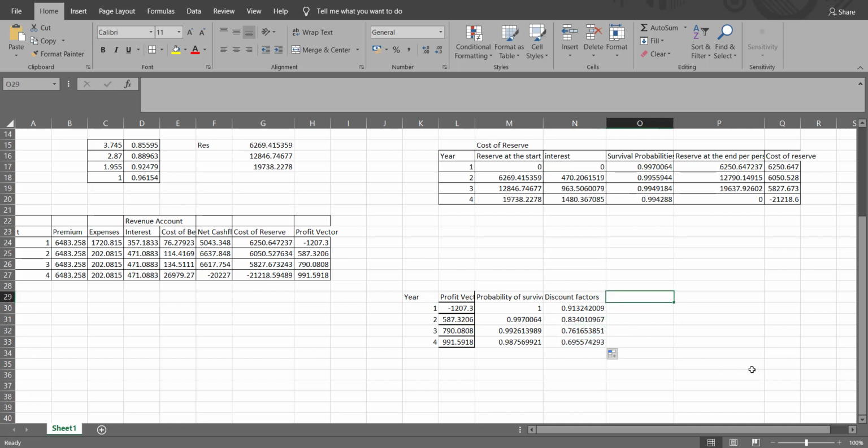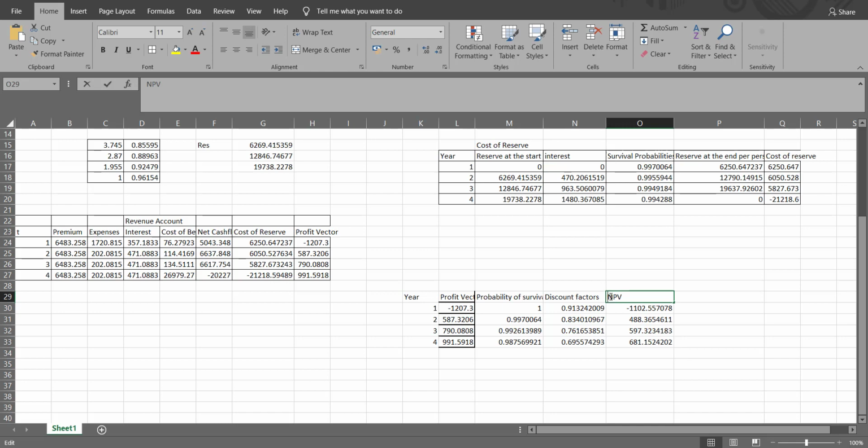And finally you get net present value, right? Which will be equal to what? This times this times this, right?